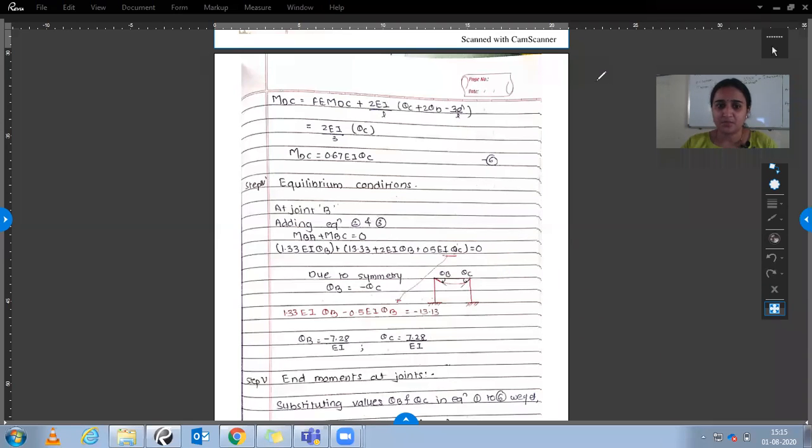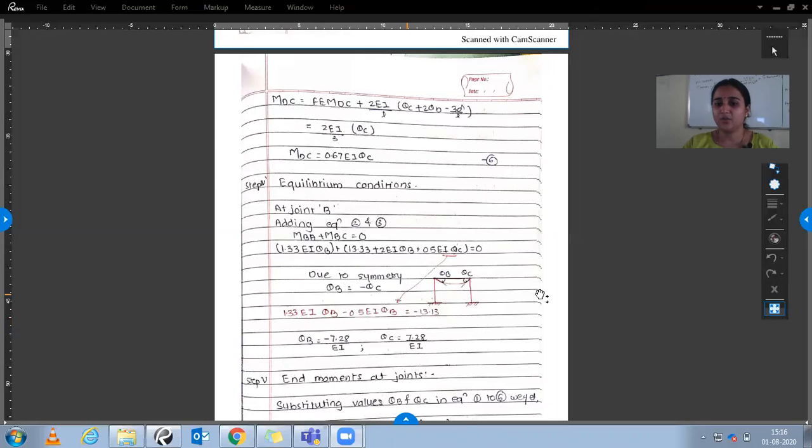So we will substitute one particular value here: we will replace theta C with minus theta B. So we'll get another equation, and we'll have only one unknown in this equation, theta B. We'll get the value of theta B, and also the value of theta C, equal and opposite.